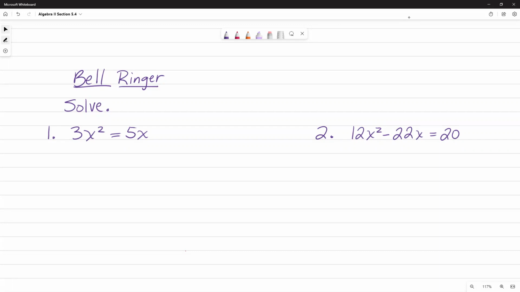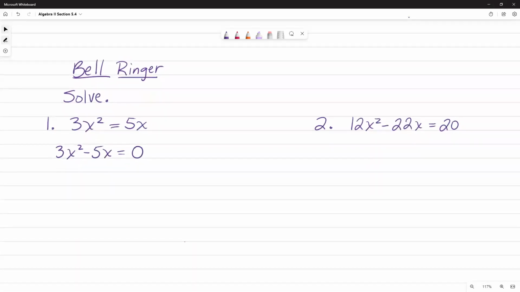Okay, so for the first one, remember whenever we solve by factoring, we want to set up our equation so that we have the entire expression on the left side and then 0 on the right. So in this case, we don't have a quadratic trinomial, and we certainly are not looking at anything like perfect squares.